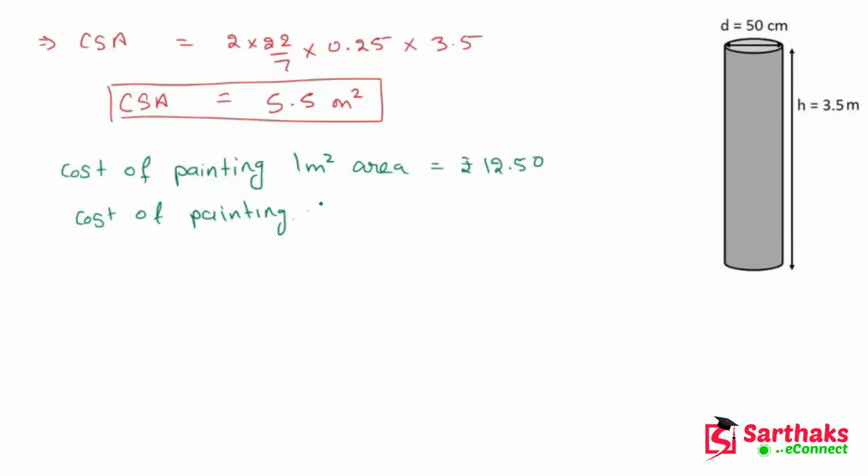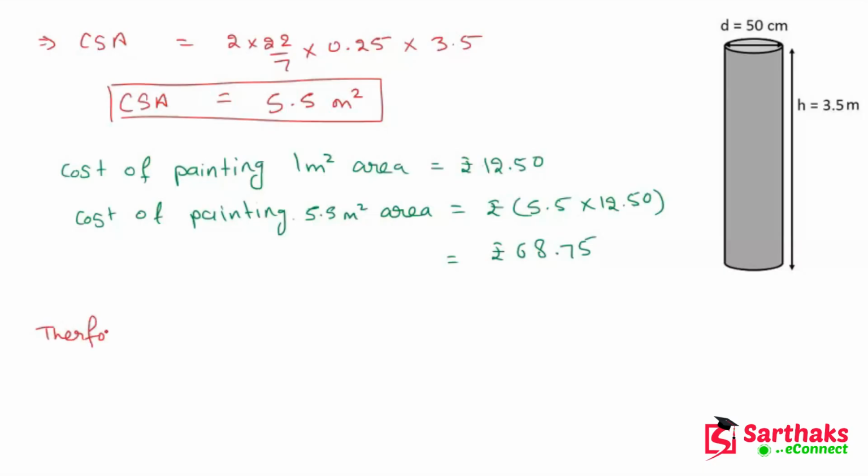This is equal to rupees 5.5 into 12.50. So this will become rupees 68.75.